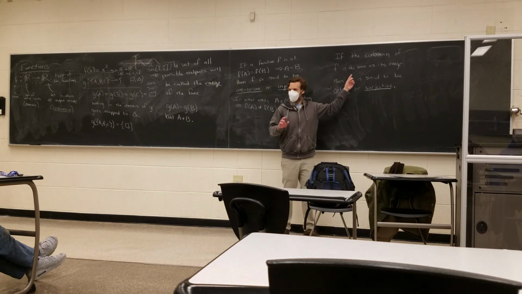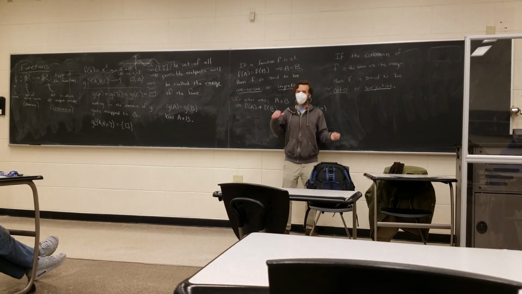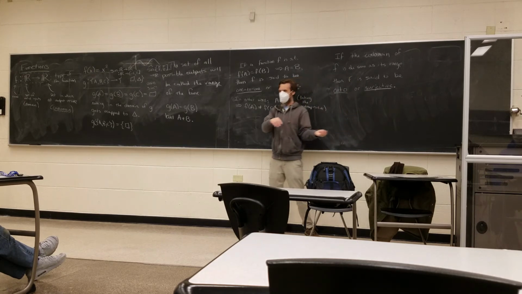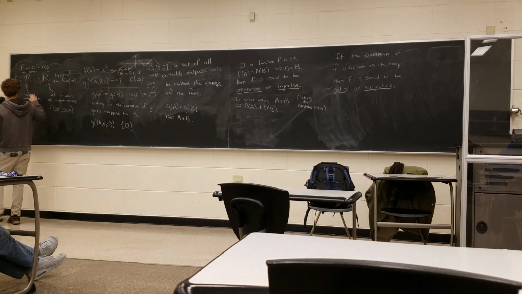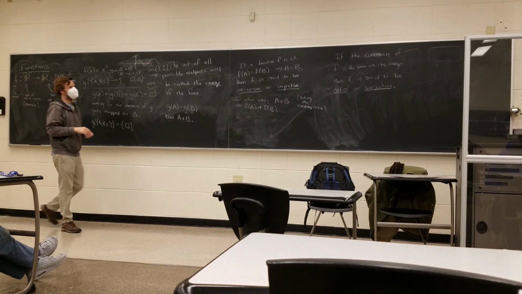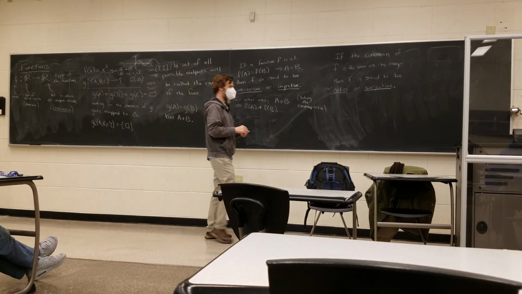Everything in this codomain, everything that's in the set of possible outputs, something does map to that. So this is the world in which they could live. And if it's surjective, then there's nobody else that lives in that world besides the people that are in the range, the outputs that are in the range.